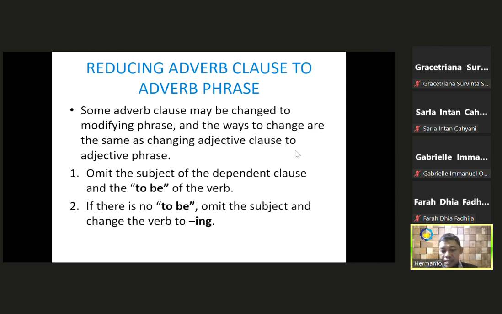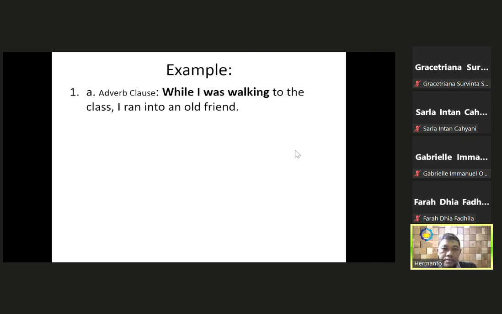Next one is you delete the subject and change the verb into ing form. This is the example. The adverb clause of the sentence is "while I was walking to the class." Remember, adverb clause always starts with a subordinator.